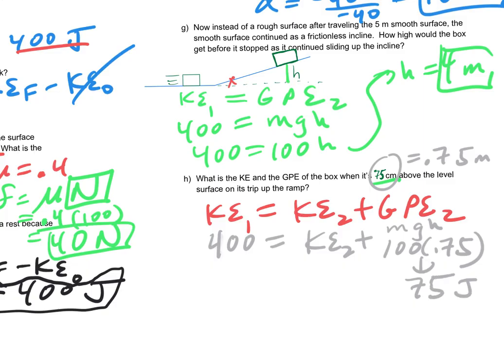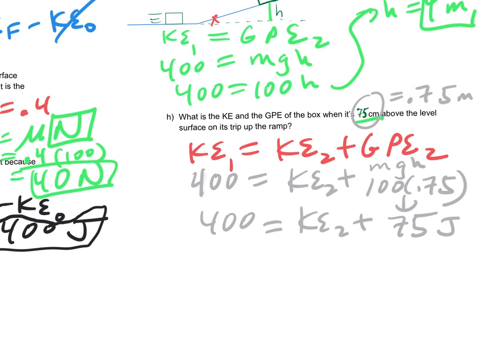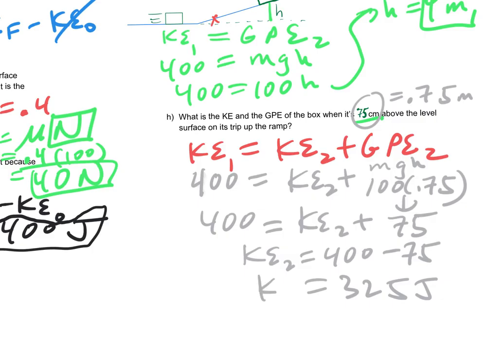I know KE2 would just be 400 minus 75 joules. So we just subtract those. That's 325 joules. So KE2 is that, and GPE2 is 75 joules. Okay?